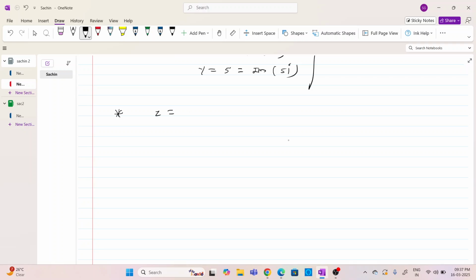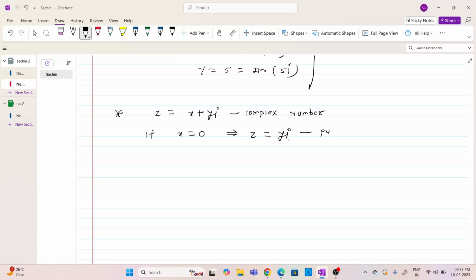Now see, suppose z is equal to x plus yi. This is a complex number. Okay, and if x is equal to 0, this complex number becomes z is equal to yi.